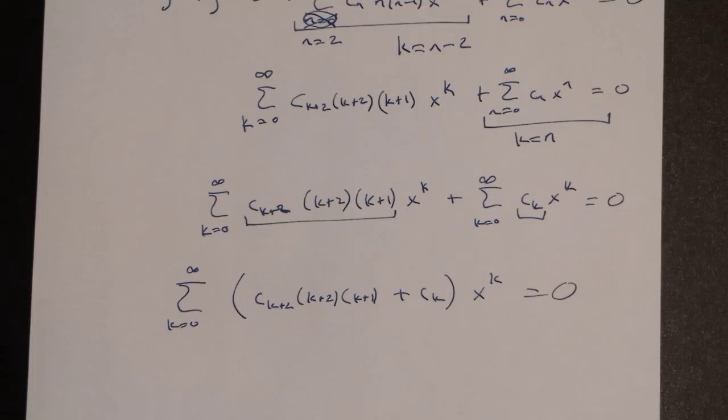And now I'm going to say it again. If a power series is equal to 0, then the whole series must have every coefficient be 0.